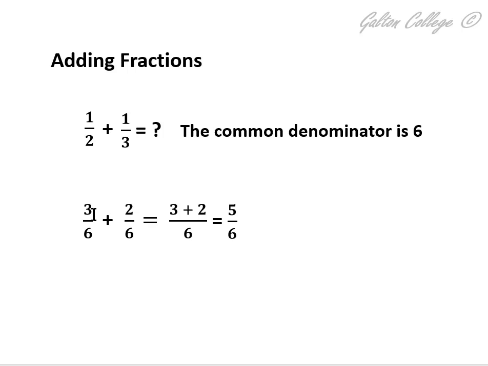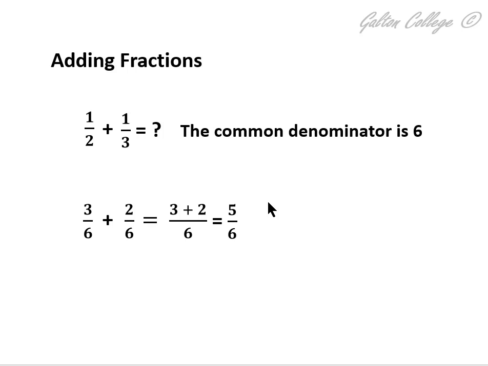Now, add it together. Well, these are the parts, so we can't add those together. So it's a 6. 6 remains the same. But the 3 plus the 2 is a 5. The answer is 5/6. So 5/6 is a half plus 1/3.